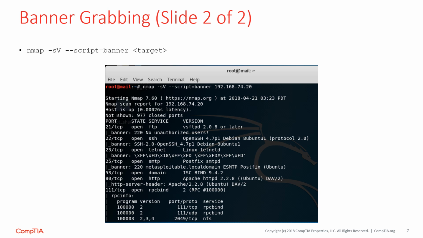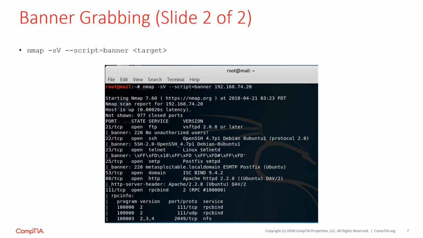So Nmap has this banner grabbing feature. The example here in the output identified that in this target device, 192.168.74.20, FTP is open, and it identified the specific FTP application, vsftpd 2.0.8.